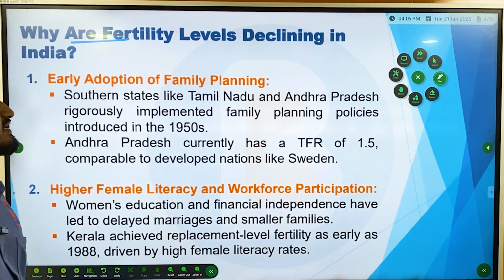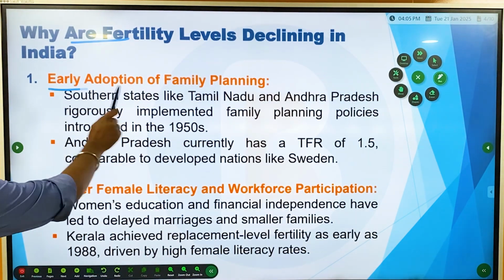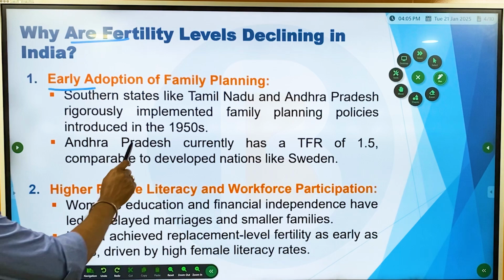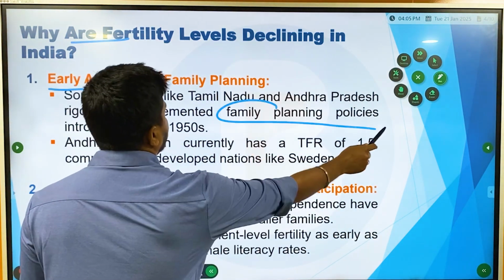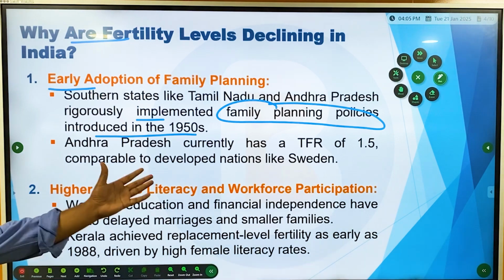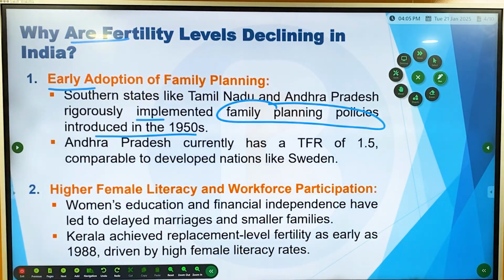Now, why are the fertility rates declining in India? First one is the early adoption of family planning. Southern states like Tamil Nadu and Andhra Pradesh rigorously implemented family planning policies introduced in the 1950s, and those policies were largely successful in these areas.